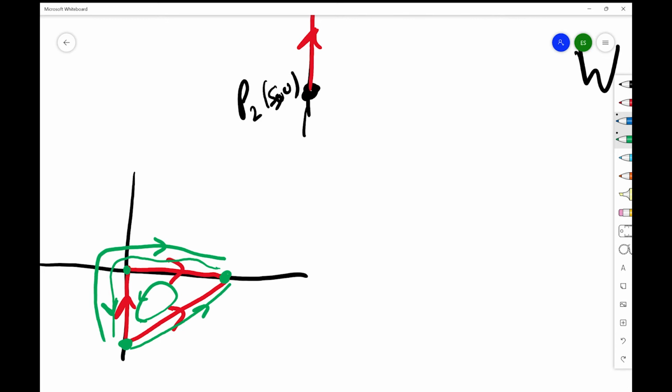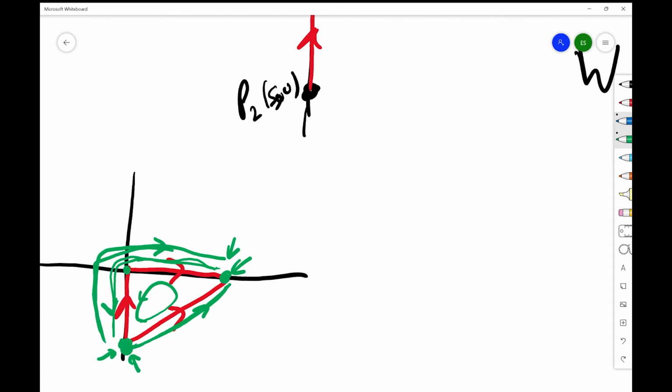So if the force is conservative, this plus this equals 0. That means this integral equals minus this integral, and minus this integral is this integral. So integrating from this point to this point should equal integrating from this point to this point.